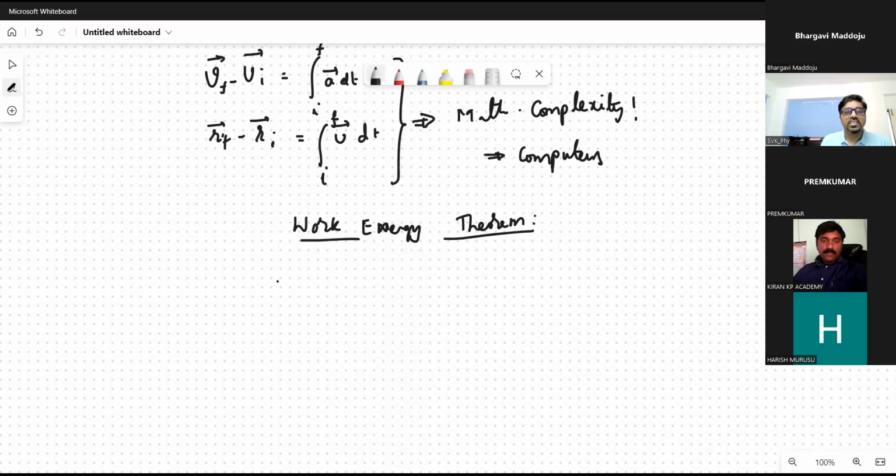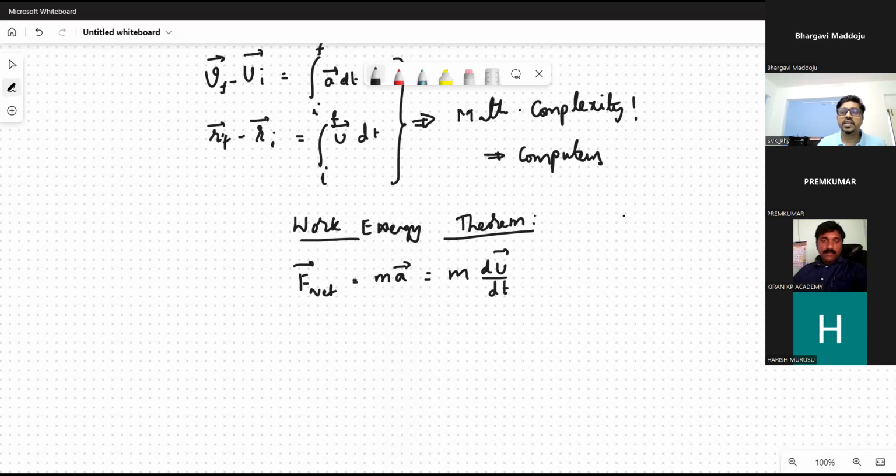So what it says is that, okay, you have F net is equal to mass into acceleration. Mass into acceleration. So this you can write as mass into dv bar by dt. This is for the particle, you know it.